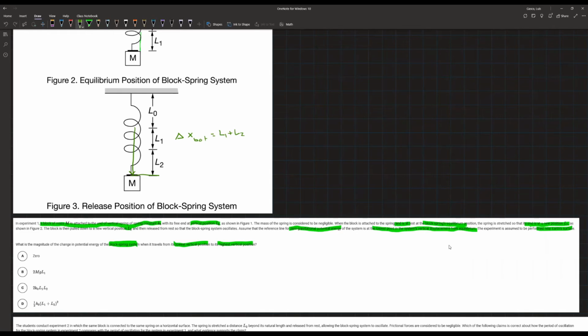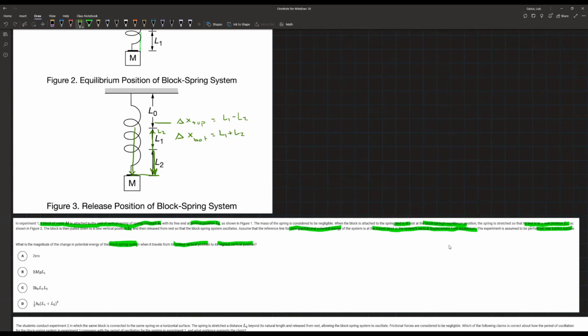As this oscillates, the displacement to the top is going to be L1 minus L2. If I stretch a spring a distance L2 down, it's going to oscillate from there a distance L2 up, such that the amplitude is always going to be L2.